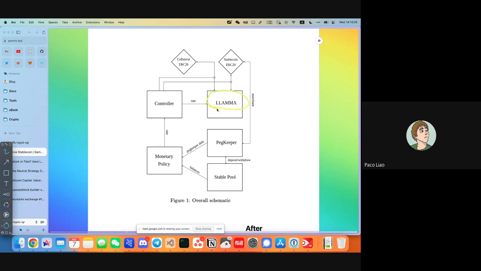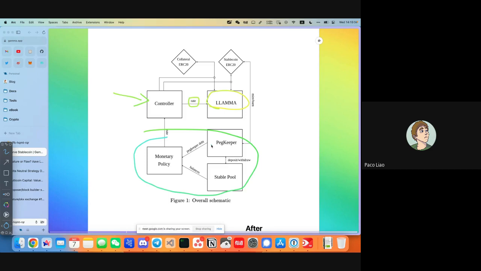So this is the AMM. They have a built-in AMM in this stablecoin, and they have a controller that controls the borrowing rate, and users deposit collateral through this controller. And for this part, the peg keeper and monetary policy are used to stabilize the price of the stablecoin.